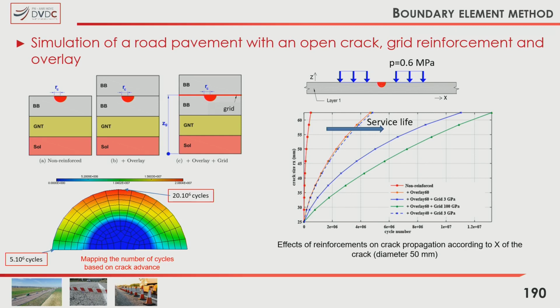So we represented here the results of these simulations with different thicknesses of recharging, and it's important to see that perfect bonding was assumed between the recharging, the grid, and the material. So can we see an increase in the service life for propagation depending on the direction x of the crack at the interface.